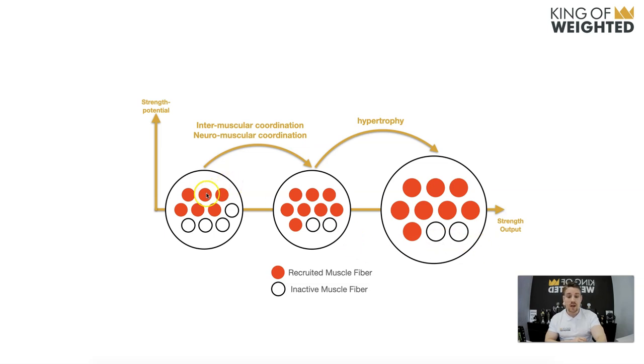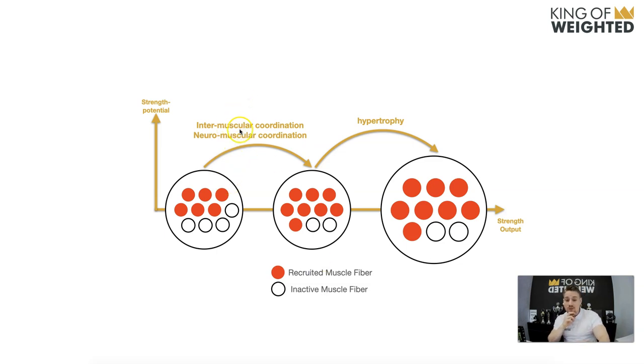Then we have those red dots and those empty dots here, and the red dot is a recruited muscle fiber. So imagine we're doing a biceps curl, and then those red fibers would be the fibers that actively contract and lift up the weight, and the empty ones are inactive muscle fibers. They don't pull on the weight, so they don't help with that movement.